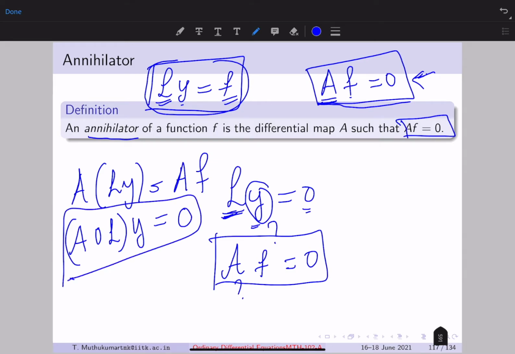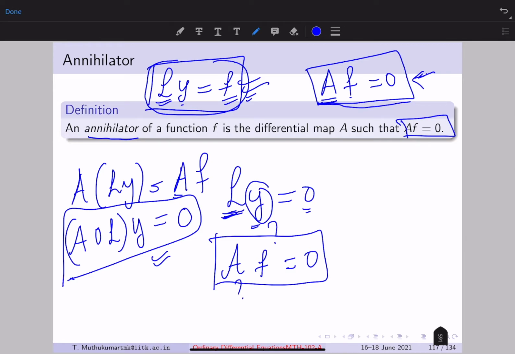So now what we have done by choosing this A is that we have converted a non-homogeneous ODE to a homogeneous ODE. And if we solve for this ODE, then we have solved for this ODE, right? That is the idea of this annihilator.